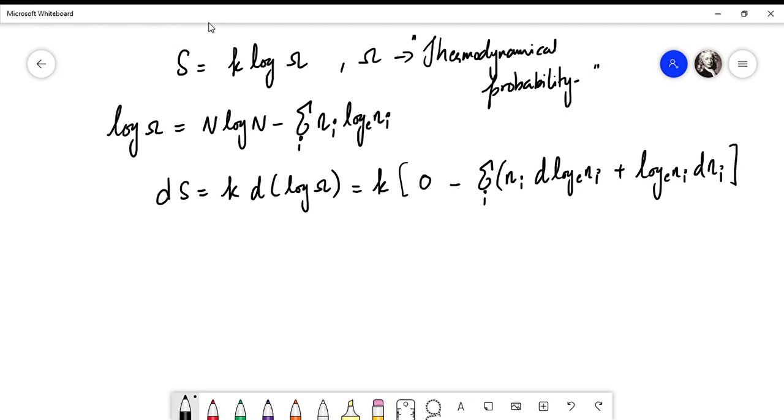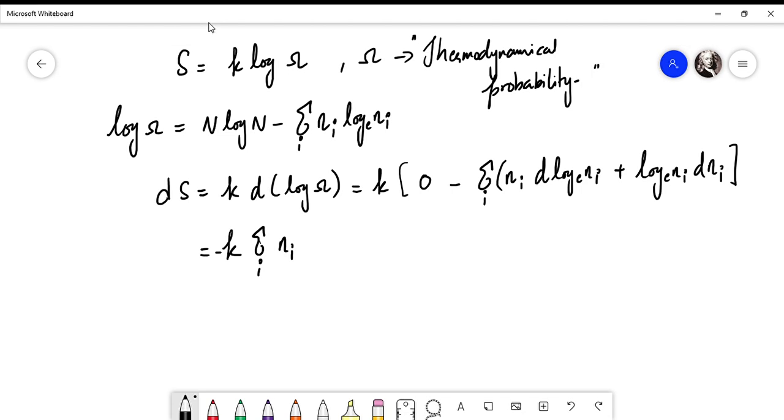So this is the differential change. Now if you look at the simplification here, this simply becomes k minus k summation of ni.